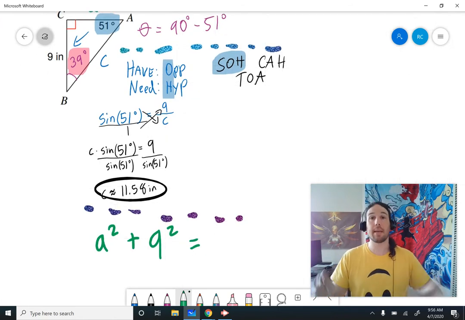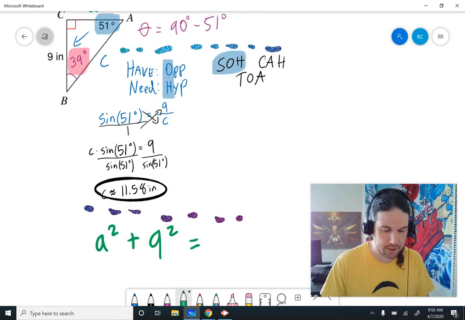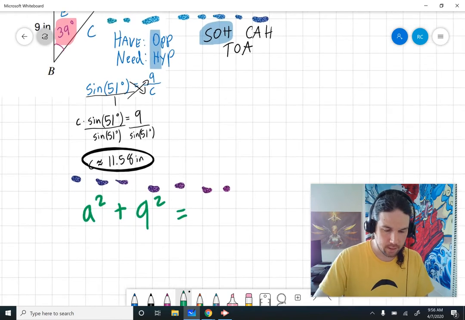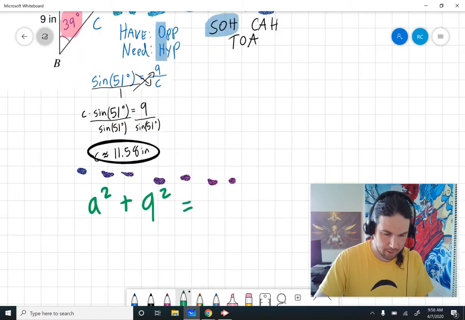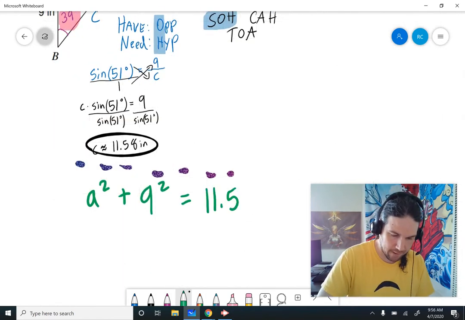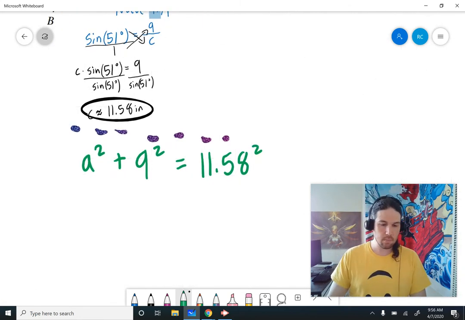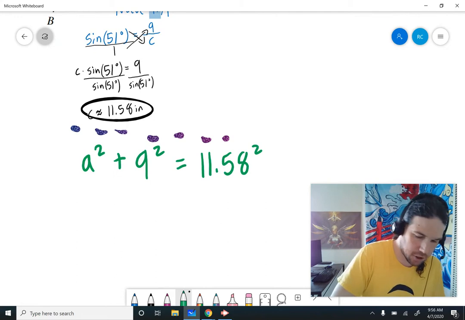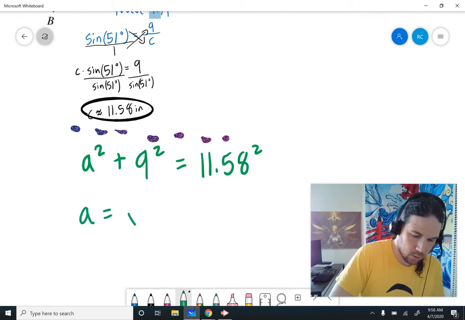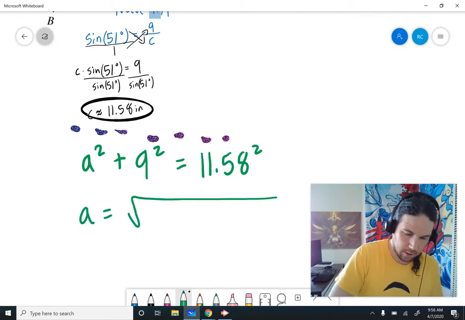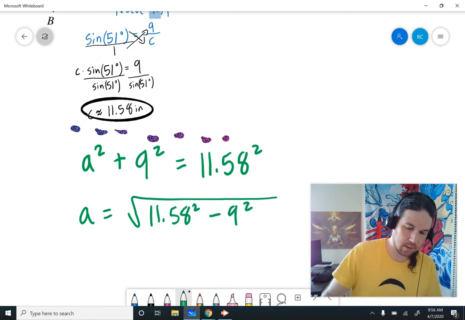But remember, the labels are arbitrary. So A squared plus 9 squared equals, we just found the hypotenuse, 11.58 squared. With a little bit of rearranging, you get A equals the square root of 11.58 squared minus 9 squared.